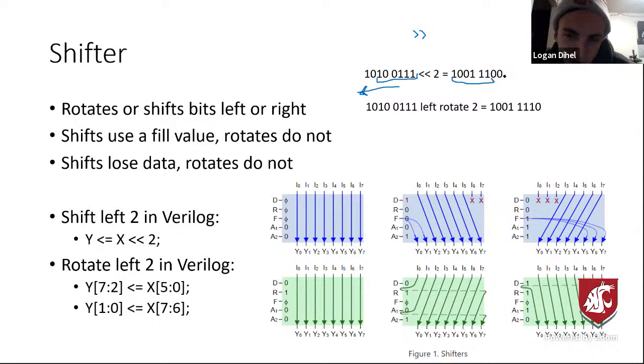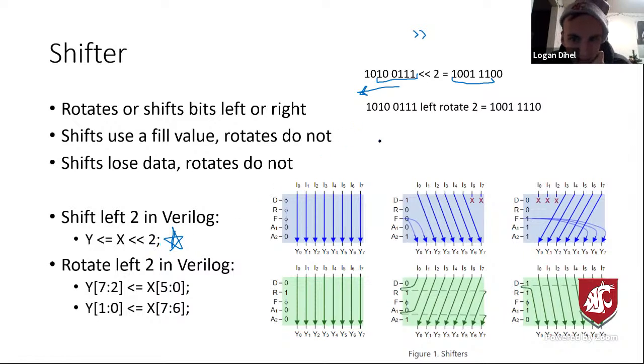And then we fill them in with some fill values. By default, it's a 0. We could have made that a 1 by putting some more logic in there. But this line is shifting everything over 2 and filling in the extra bits with a 0.